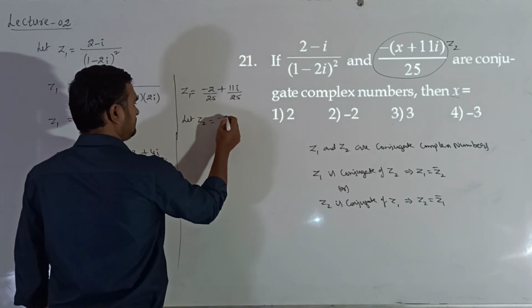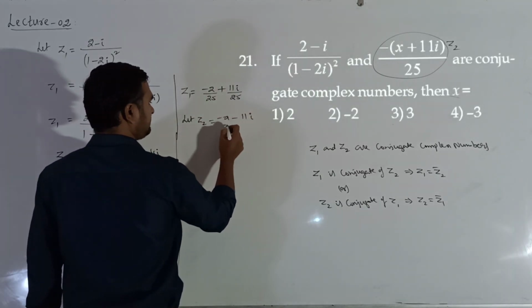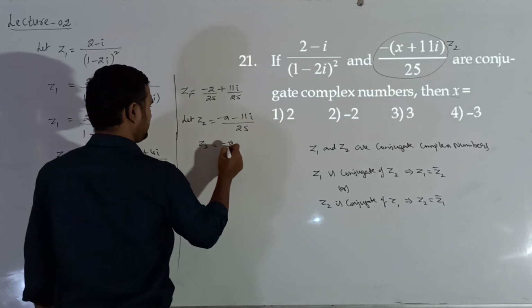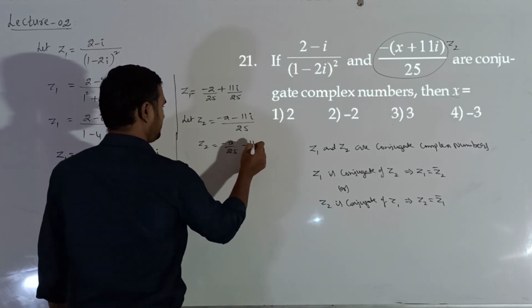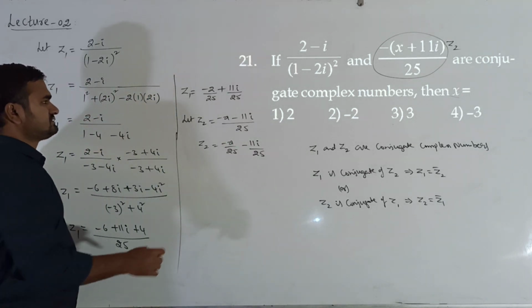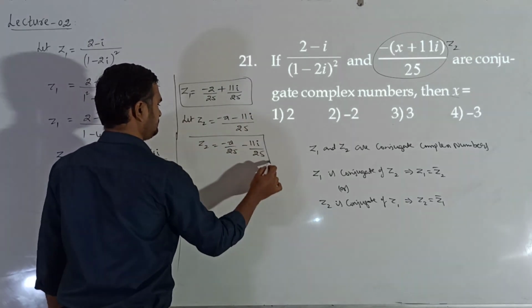Z2 equal to multiply minus x minus 11i divided by 25. So z2 is minus x by 25 minus 11i by 25. Okay. So now we have z1 and this is z2.